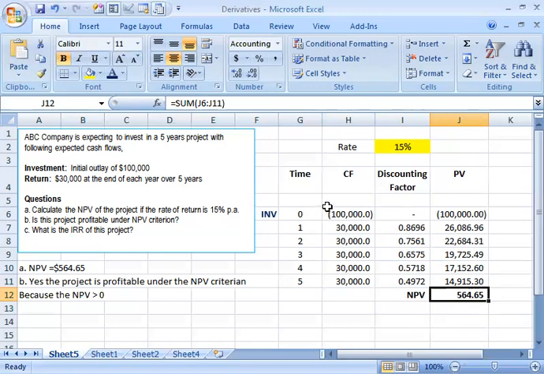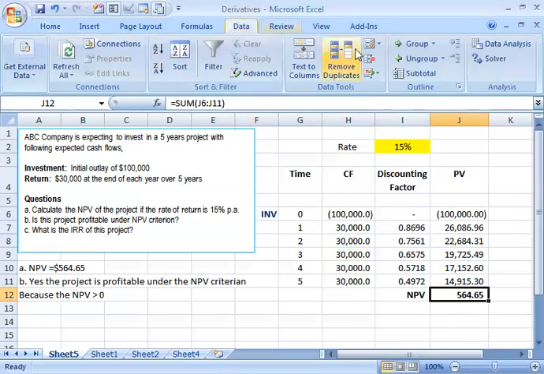So using Excel, there is a very simple technique which we can use to calculate the IRR. To calculate the IRR, we can use Excel Solver. Once the NPV goes to 0, what is the rate we want? That is the IRR. So I will use the Solver now.